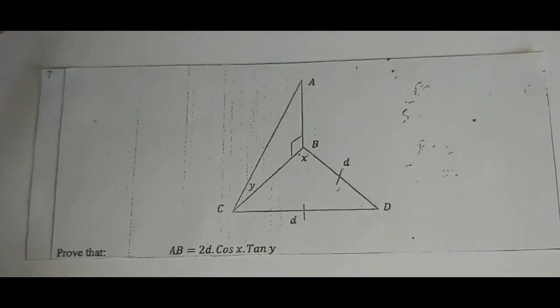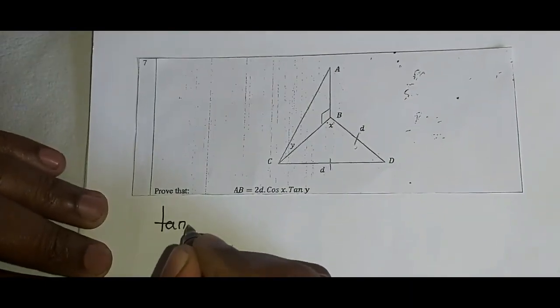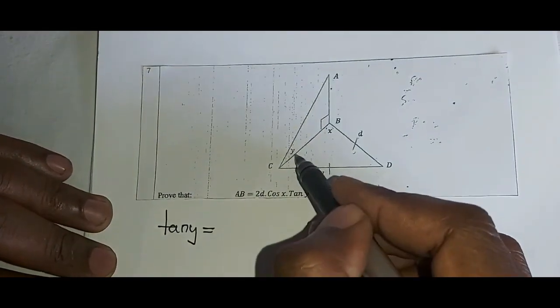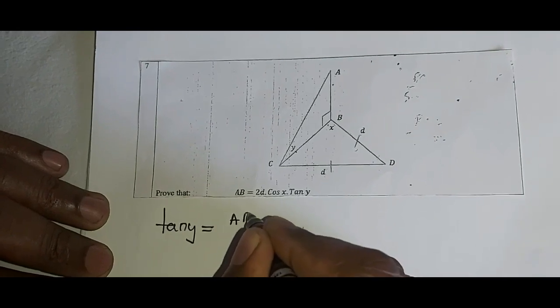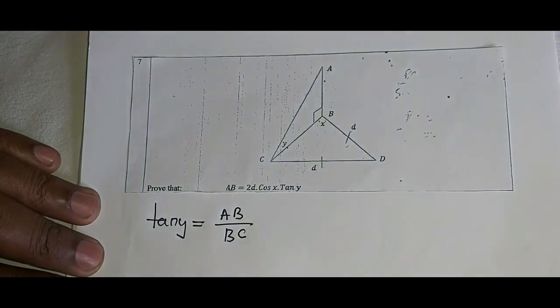That is to say, tan of our angle y is equal to opposite over adjacent, that is AB over BC.